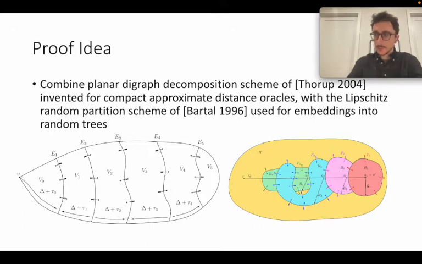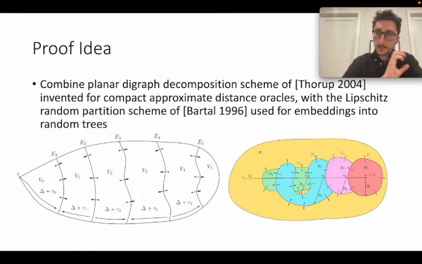Alright, now let me say a few words about how the proof is obtained. So on the technical side, we combine ideas that were invented by Thorup for the problem of designing compact approximate distance oracles. So these are data structures that can very quickly report approximately the distance between any pair of vertices.